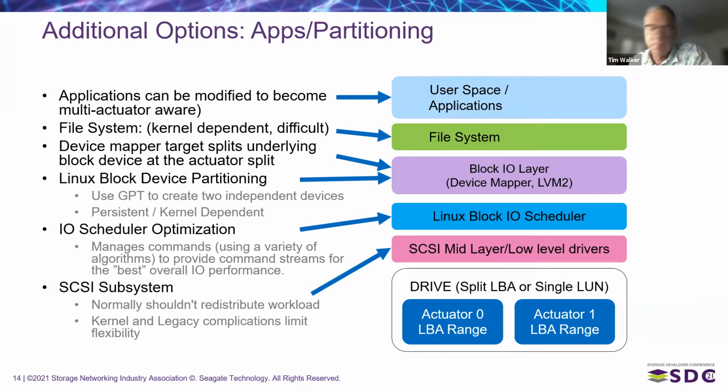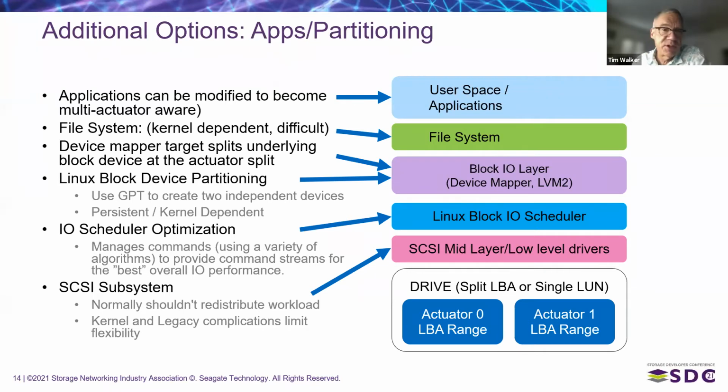You can do that at the top, at the application level, especially for customers who consume storage directly, not necessarily through a file system. The file system is another place where we can modify the allocator to balance the allocation across the address space.